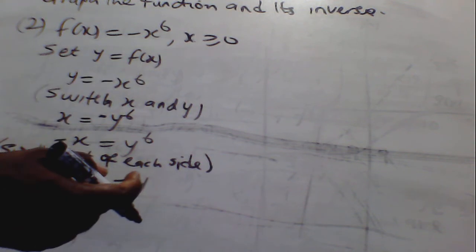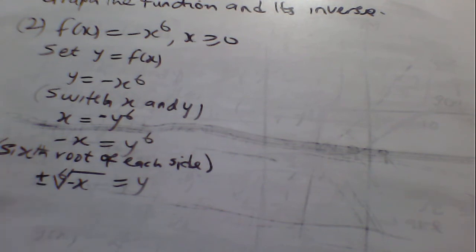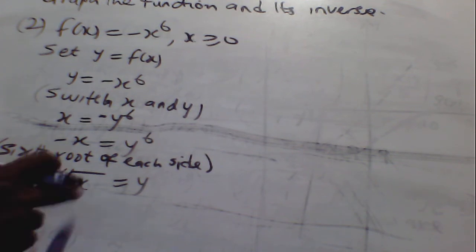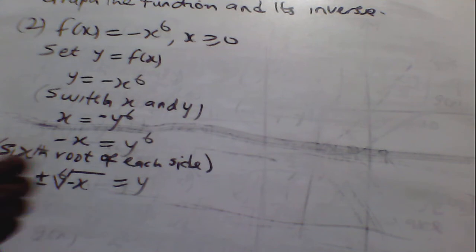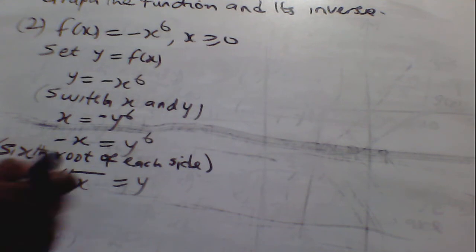We know that from here, minus y raised to power 6, and we come to this point. There are a few things you have to know. The radical of a square root must be non-negative.